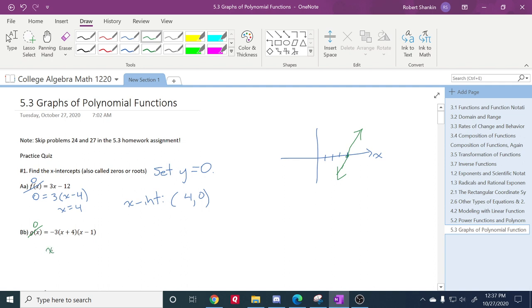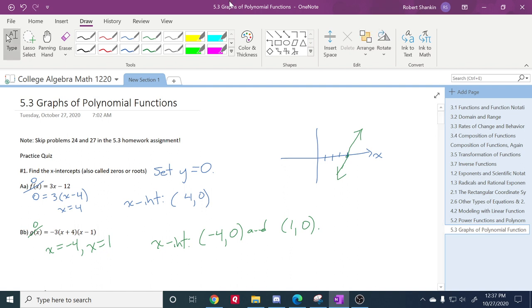But if x equals -4, it causes this parentheses to become 0, or if x equals 1, it causes what's in that parentheses to become 0. So the x-intercepts are (-4, 0) and (1, 0). Two of them here. Alright.